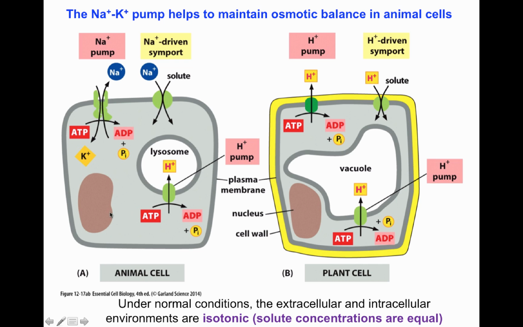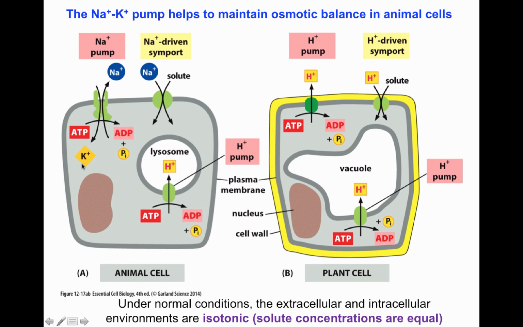So under normal conditions, the concentration of solute in the outside of the cell and the inside of the cell is going to be isotonic, meaning that the solute concentrations are equal. And to keep the concentration of the potassium solute equal, we have to have an equal concentration of potassium.